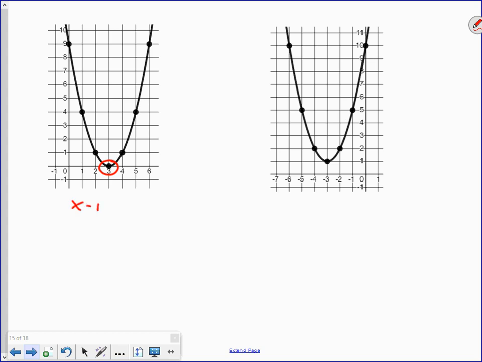The x-intercept here would be the point (3, 0), the x value where it meets the x-axis, and of course y is equal to 0. The one over here on the right has no x-intercepts, because it comes down, the vertex is above the x-axis, so it turns around and heads back up before it has a chance to intersect the x-axis.